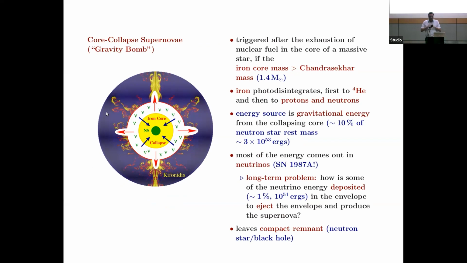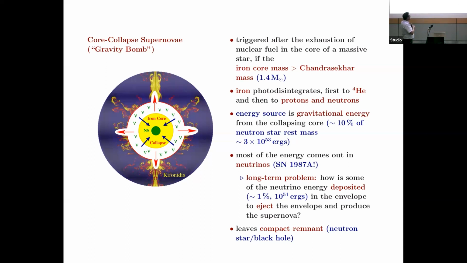Well, it collapses because there are instabilities. The iron starts to photodisintegrate, and then the helium starts to photodisintegrate. And ultimately, in this collapse, you just have protons and neutrons. And you stop the collapse when you reach nuclear densities. That means essentially that the neutrons touch each other, and the strong force becomes dominant.